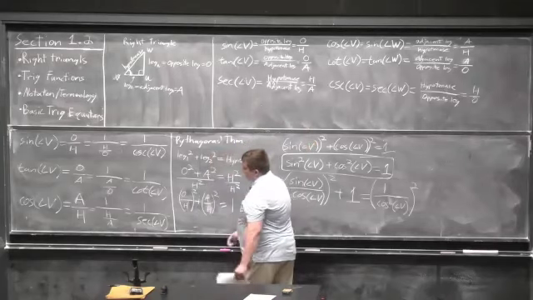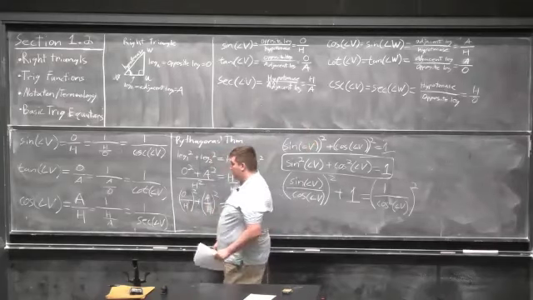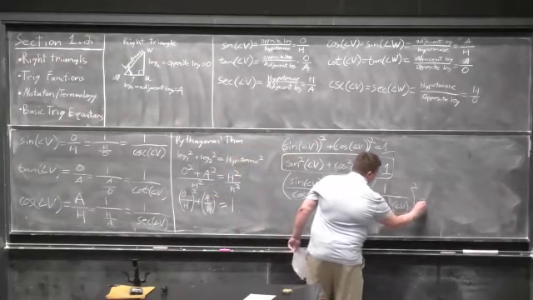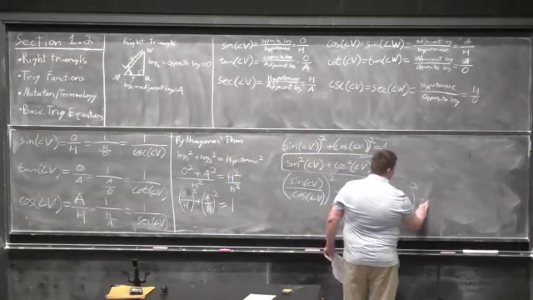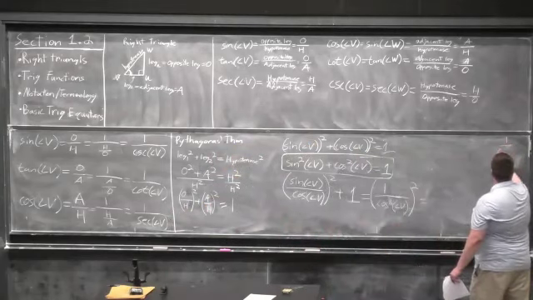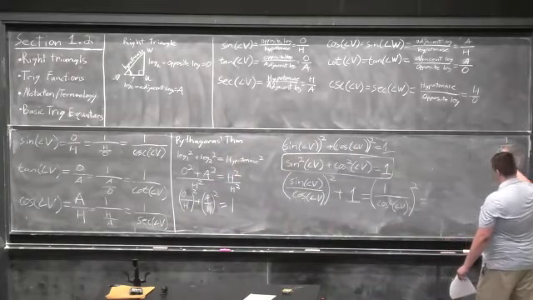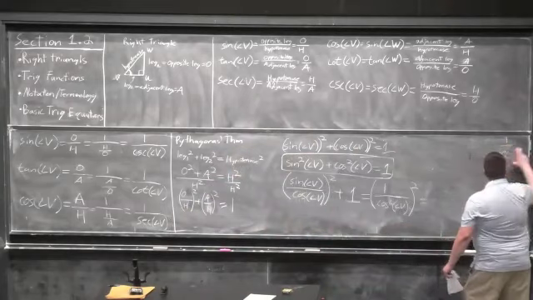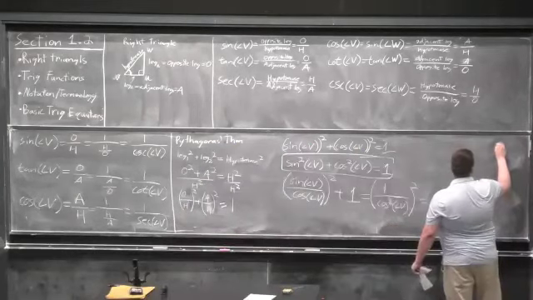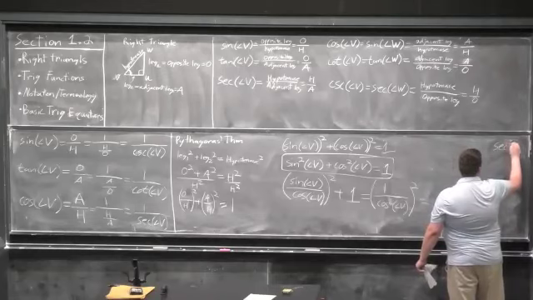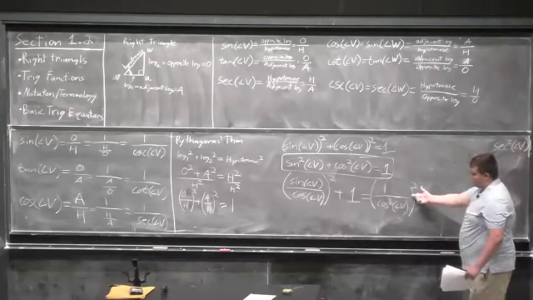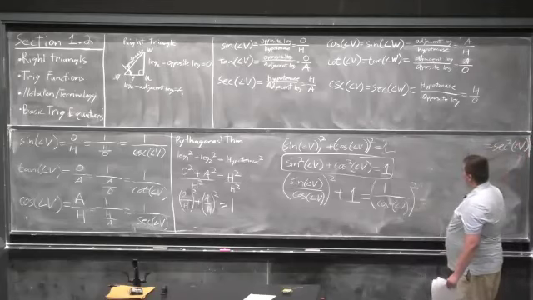And we see that here. So we can rewrite this as, sorry, not 1 over secant, we have 1 over cosine. So this is secant squared of angle V. That's what this is. What is it equal to?